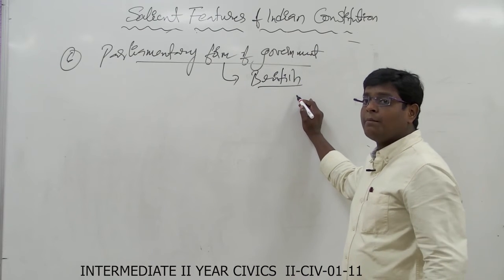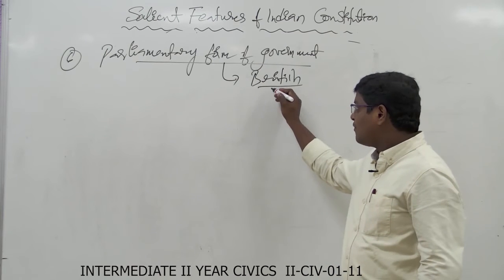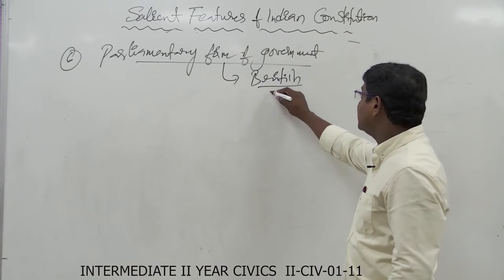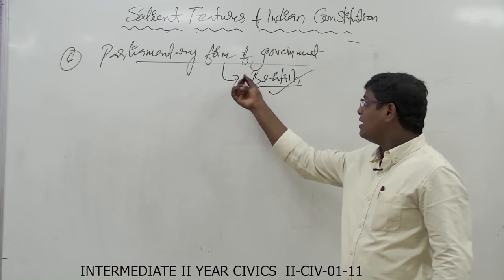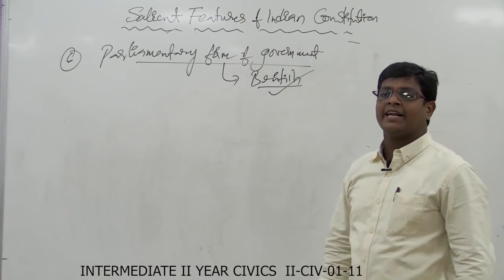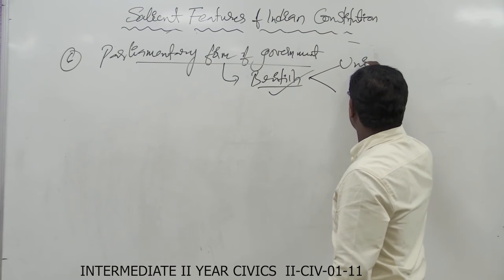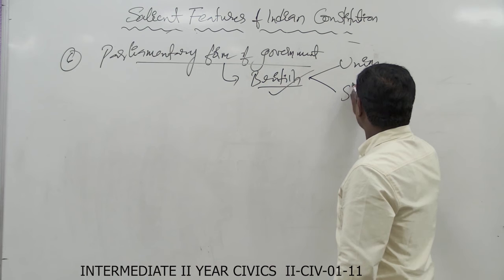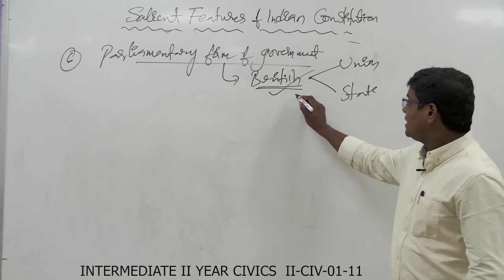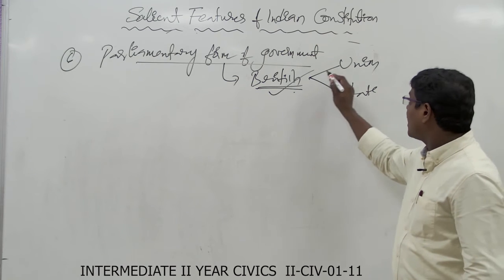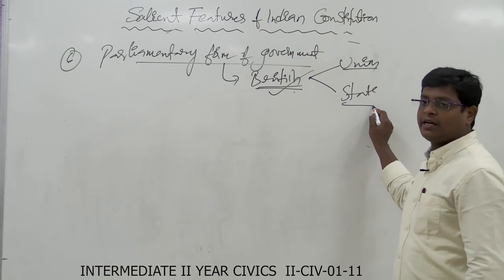You know very well, Britain is the mother of the parliamentary system because the first parliamentary system originated in Britain. That's why we took the parliamentary system from Britain and incorporated it in India, both at the union level and at the state level.